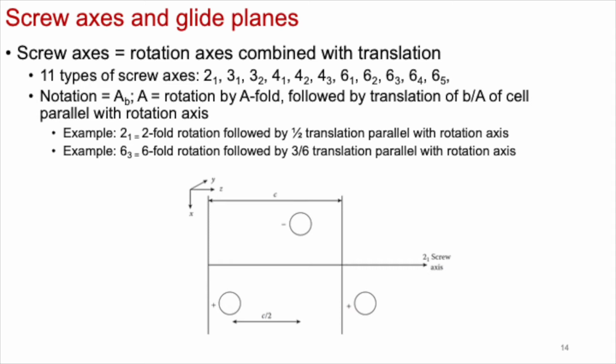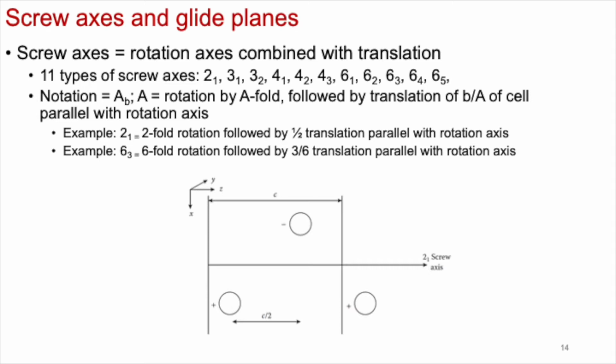So here you see the 2-1 screw axis is along this way. So you rotate by 180 degrees and then translate. You rotate by 180 degrees along Z, which is here. And the plus and the minus tell you that it's above or below the plane of the page in this case.